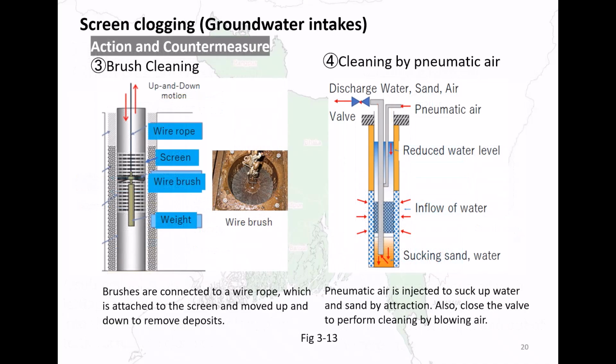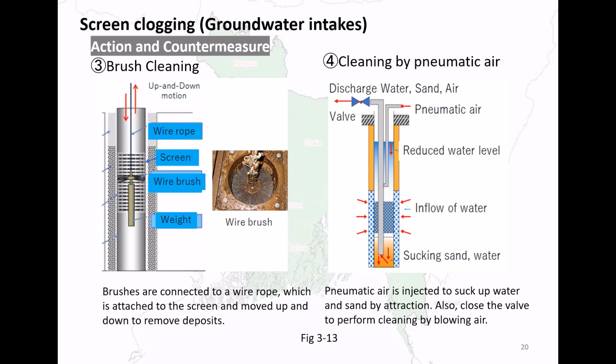On the left side in this slide, this is the brush cleaning method. This structure is almost the same as the surging method. It has brushes instead of a swab cup connected to a wire rope. It is inserted into the well and the brush part moves up and down to remove deposits. Cleaning by pneumatic air method is stated on the right side.